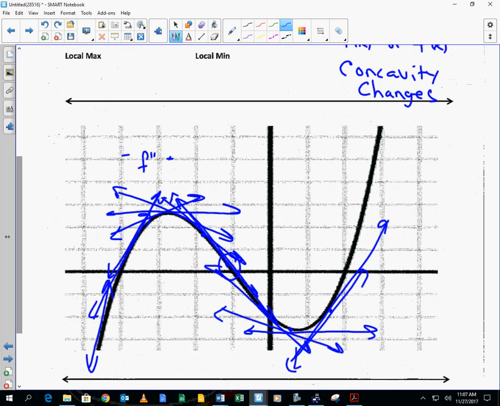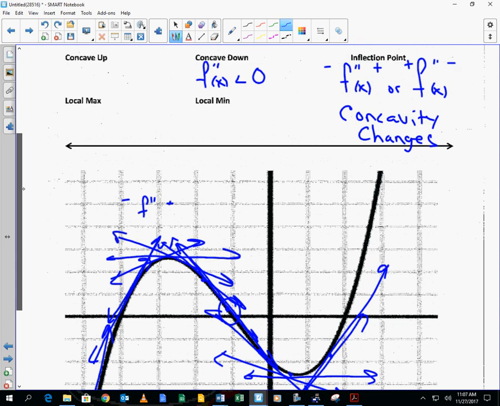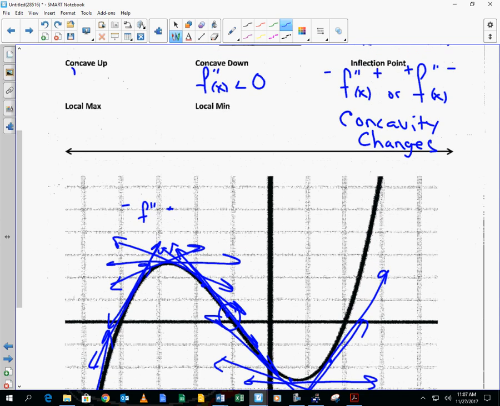And then here, you can see that the second derivative is becoming positive again, right? So the first derivative is increasing. So f double prime of x is greater than 0. So the first derivative was becoming more positive again. I mixed that up the first time I said it, sorry.